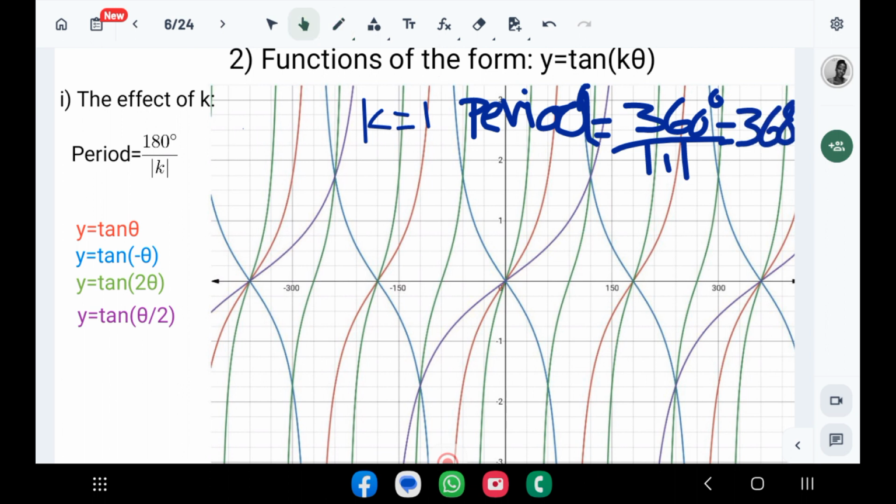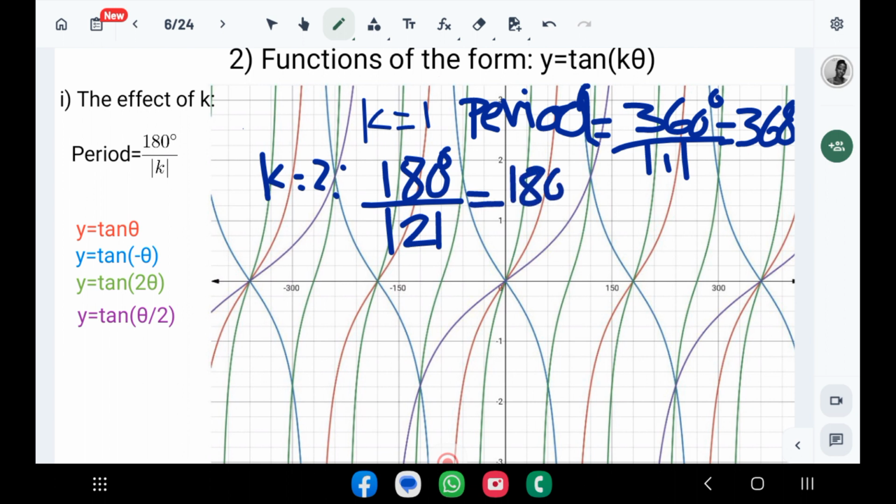What happens when your k is 2? This is how it affects your period. The period becomes 180 degrees divided by the absolute value of k, which is 2 in this case, which then gives us 180 multiplied by, you flip this one at the bottom down. So this is 2 over 1.